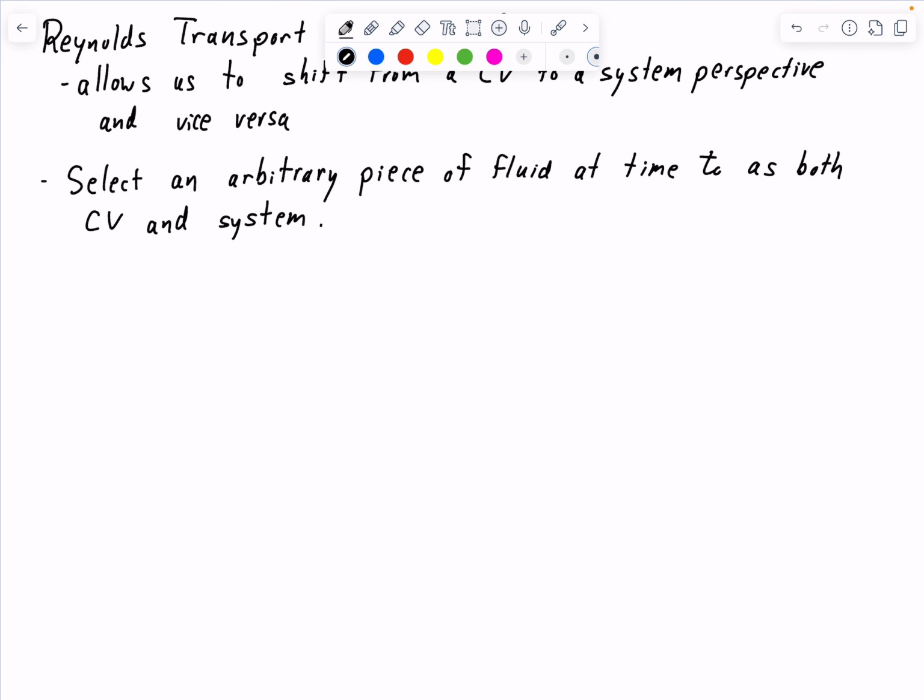So here at time t is equal to t0, we'll draw our control volume in black, and we'll draw our system in blue. And initially at time t equals t0, these two are perfectly aligned with each other.